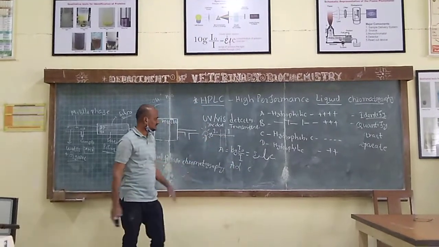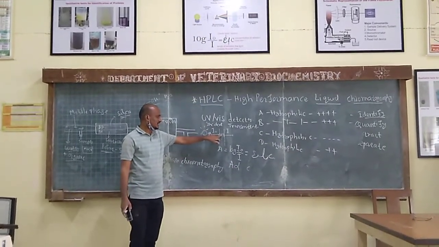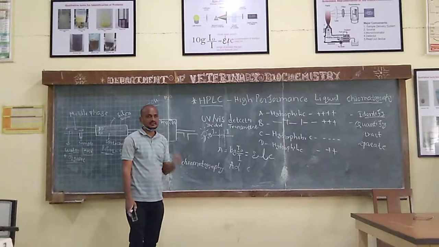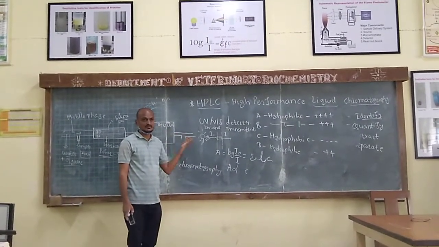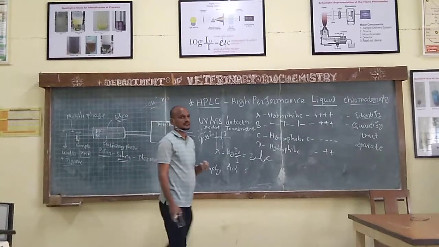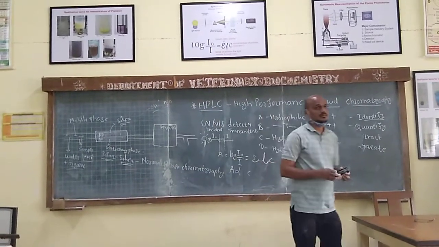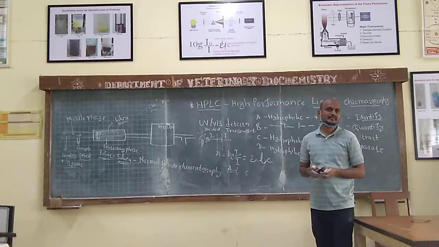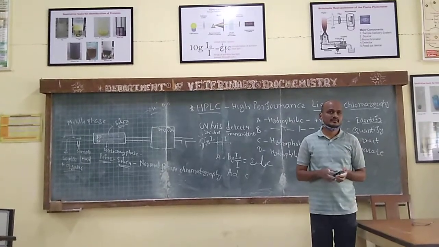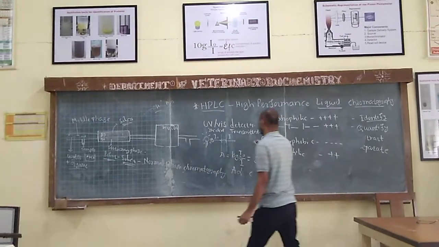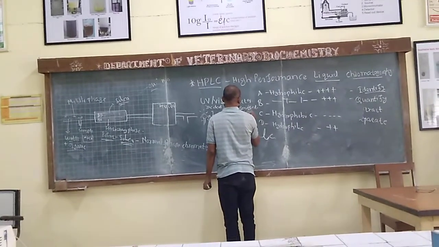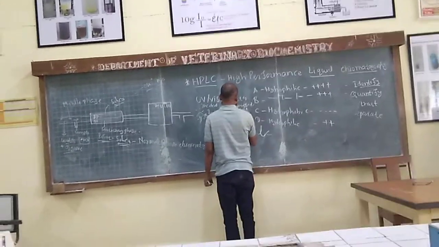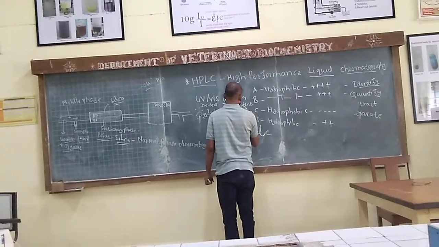So what will happen if, for example, we have 10 A molecules? Then how much will be the absorption? A random number you can tell, 0 to 1. 0.7. For example, you are passing 10 molecules of A and it has 0.7 absorption.